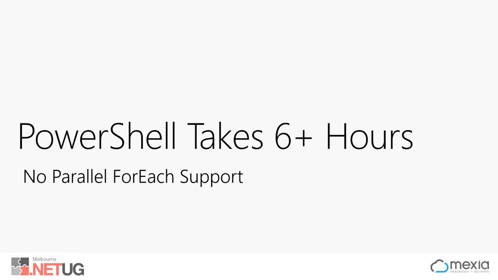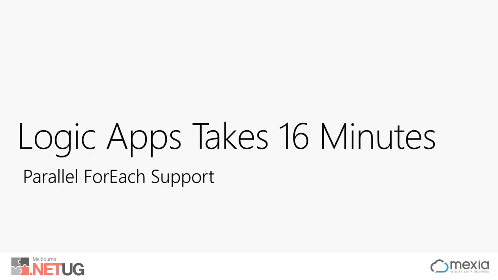So if you don't like writing code for that, Logic Apps is very good for this. The for each loop in a Logic App supports parallel execution up to 50 times. So it dramatically reduced the time to less than 16 minutes. From 6 hours to 16 minutes is very efficient.